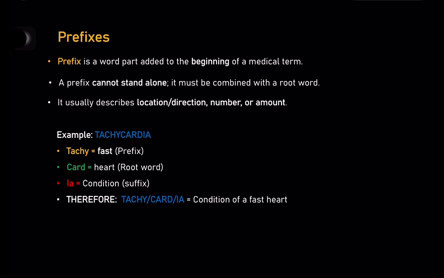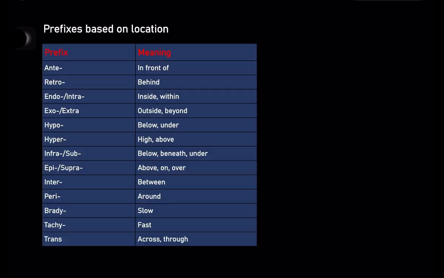So IA here is the suffix. Tachycardia simply means a condition of a fast heart. So I hope you're getting this right. So we can clearly see how breaking apart a medical term, decoding the medical term, will help you simplify and get to the meaning of that word rather than simply memorizing that terminology.